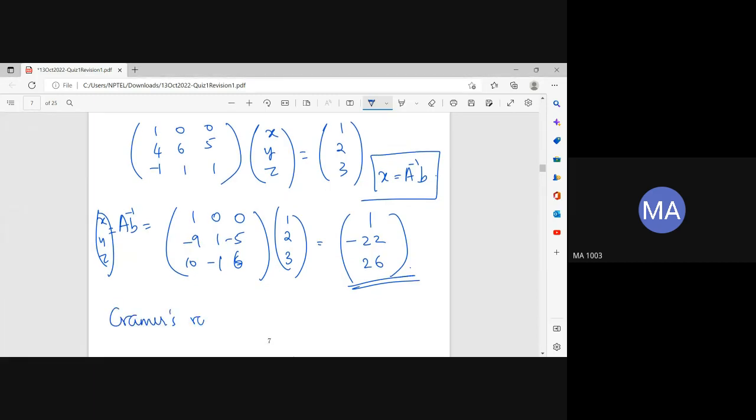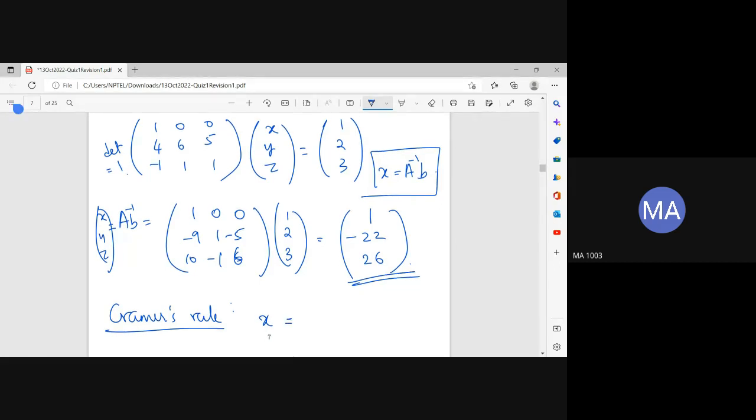So by Cramer's rule, what is x1? We know the determinant is 1. We already calculated. What is x here? It is determinant of A xi by determinant of A. I can ignore determinant of A because it is 1.